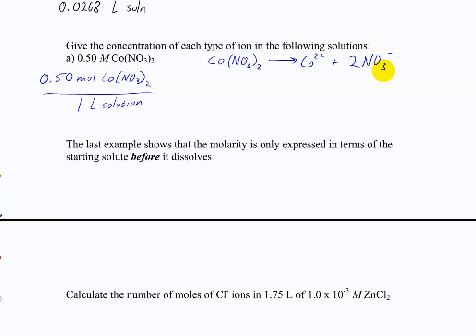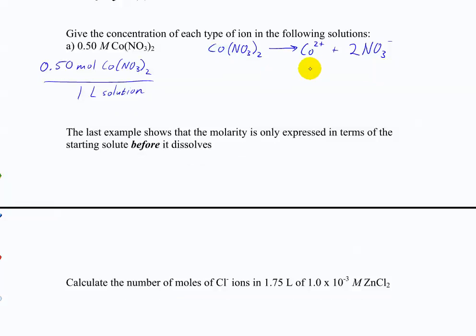Right. So when this happens, we're basically doing a mole ratio as we did with theoretical yield before. We're saying for each mole of cobalt nitrate, we form 1 mole of cobalt ions, but we form 2 moles of nitrate ions in solution.